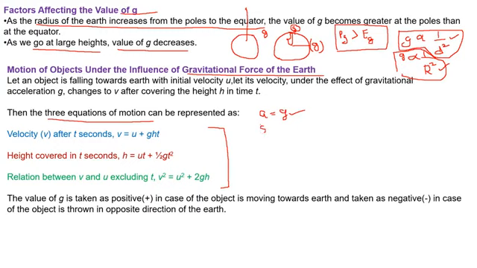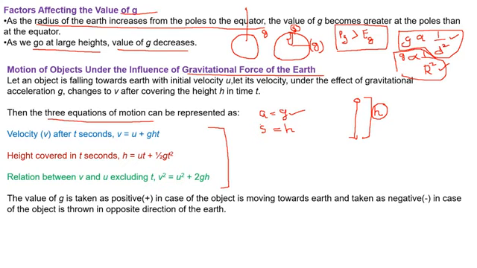Again s will also be replaced by h. Here the distance will be replaced by height, because the object is falling towards the earth. So vertical distance is always known as height. Vertical distance is nothing but height, so s will be replaced by h.